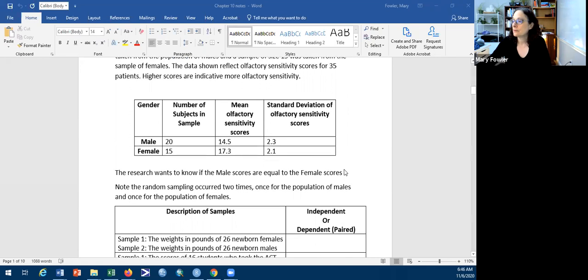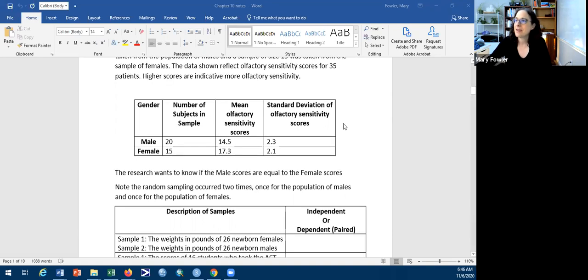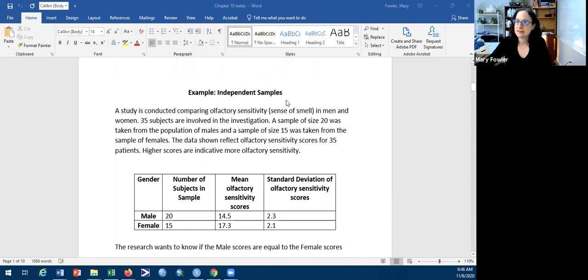Note that a random sample occurred twice, once for the population of males and once for the population of females. That makes this an independent sample.